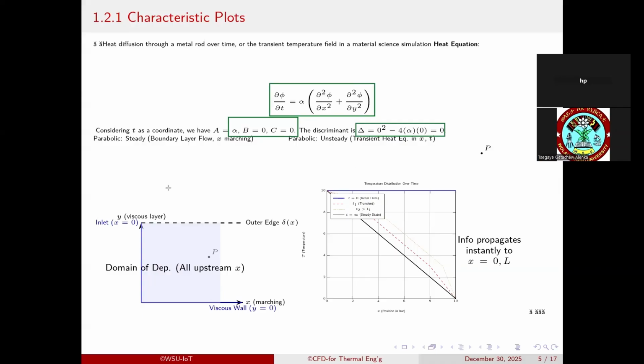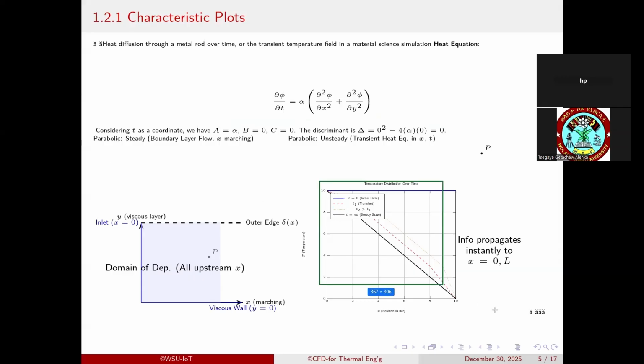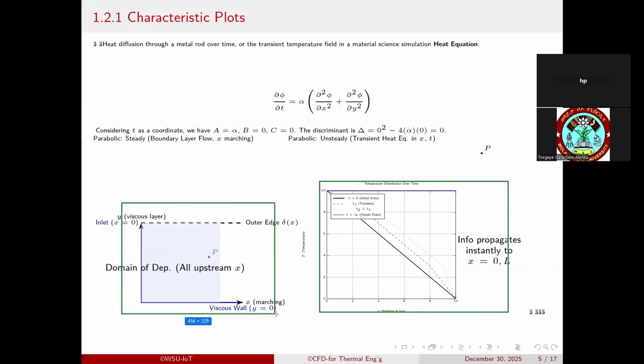This fully describes an independent diffusion process in one direction. It requires initial conditions throughout the domain and boundary conditions on spatial boundaries.